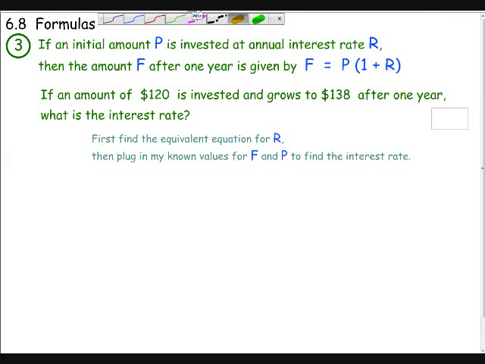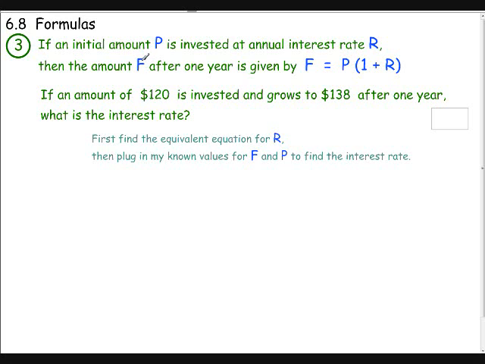All right, here's a question related to investments. If I have an initial amount, P for principal, I invest it at an annual interest rate of R, notice annual, and then the amount F after 1 year.